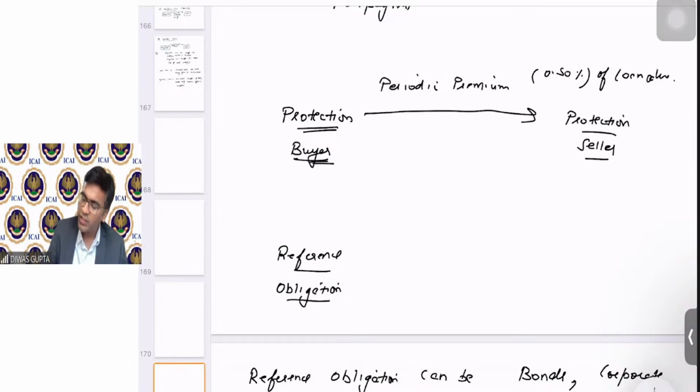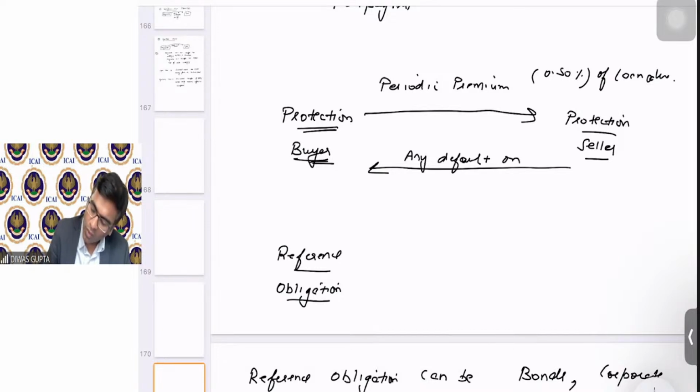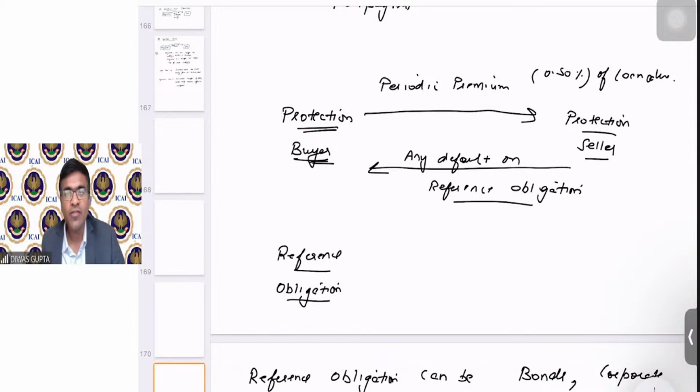And in return, protection seller needs to cover protection buyer for any default on reference obligations. Clear, students? So if there is any default on such reference obligations, the protection seller will make good the default to the protection buyer. In return, protection buyer will pay a periodic premium, let's say 0.5 percentage of the loan.